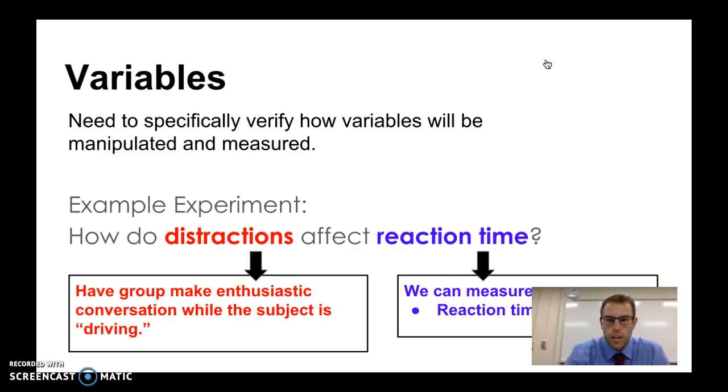And then the reaction time, I measured it via the app. There was this app where you'd be driving and then something would come up and you would have to react in enough time to hit your iPad. And that time it took, that was your reaction time. So that's specifically how I'm measuring reaction time. Now I'm starting to actually think about how I would make this investigation happen from my question.